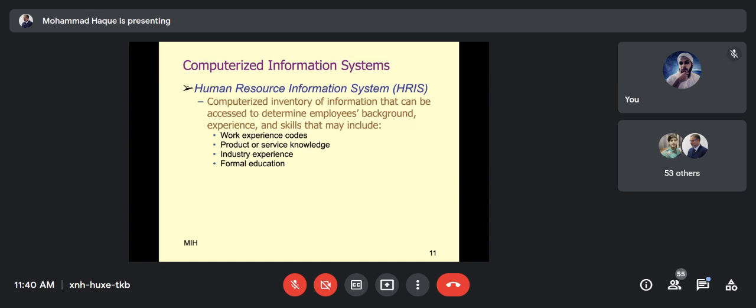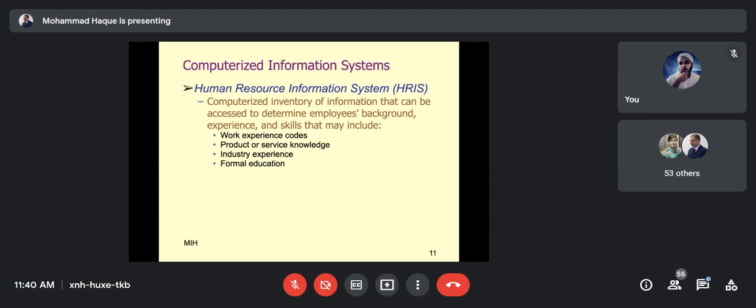Now, the computerized information system is referred to as the human resource information system. If you recall, when we were looking at the systems model of organization function, at the bottom, we had the human resource information system with three double-headed arrows that interacts with the human resource system as a whole.